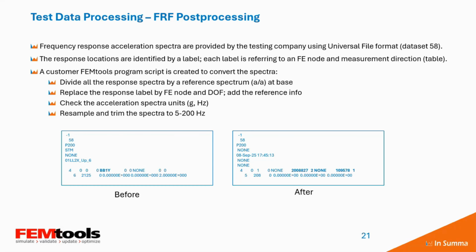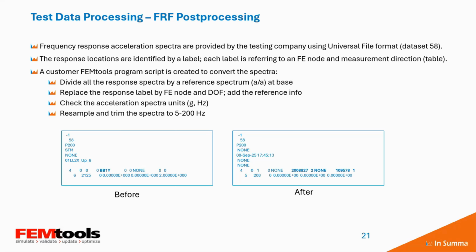Now, it's not always the case that you might have FRFs from test data which are traditional, so the output divided by the input. In some instances, you might have FRFs given to you in the form of spectra, as in the case of what we have here for this demo case. And this is where the FEMtools scripting capabilities come in clutch, because using the FEMtools script, we can go through a couple of steps.